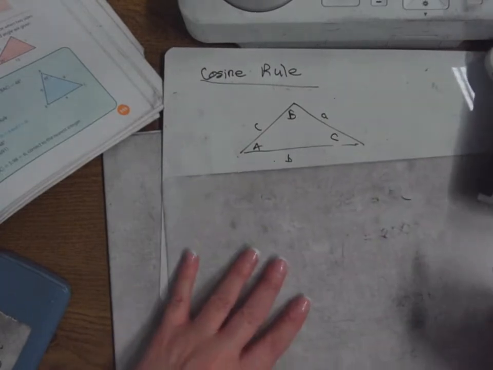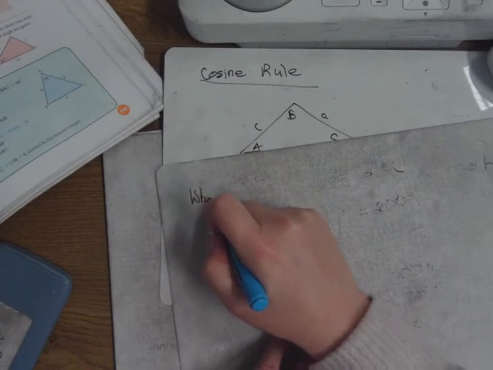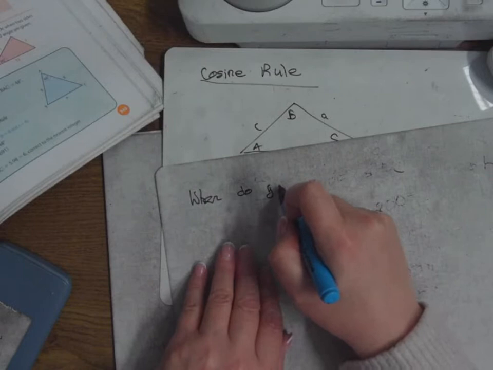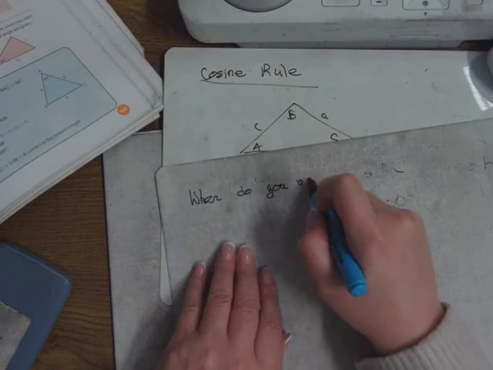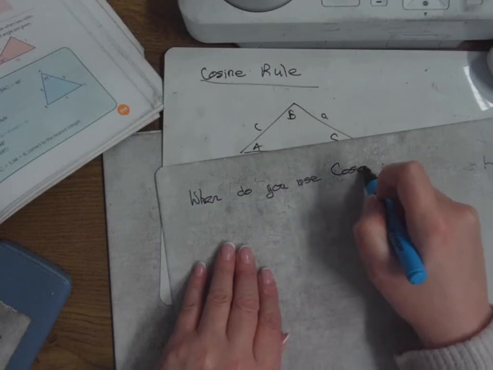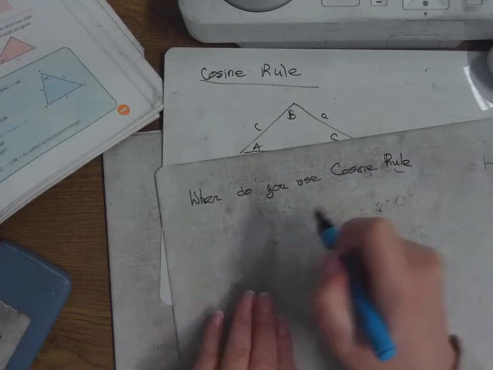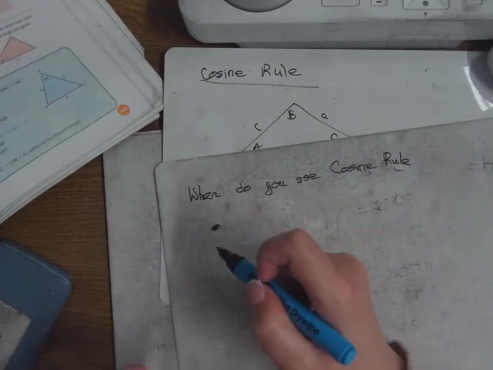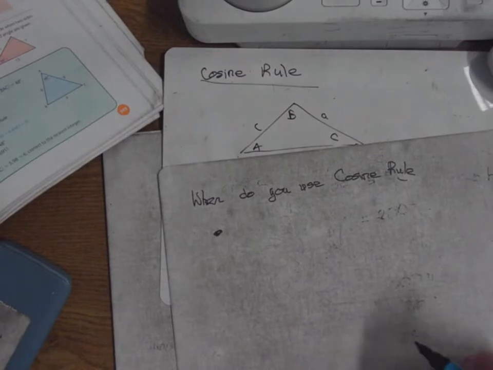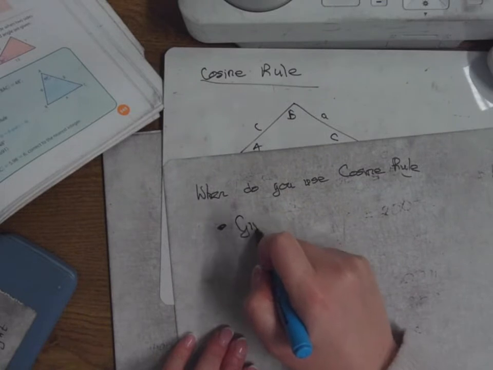Right, so when do you have to use the cosine rule, okay? There's two instances where you've no choice, you have to use the cosine rule.